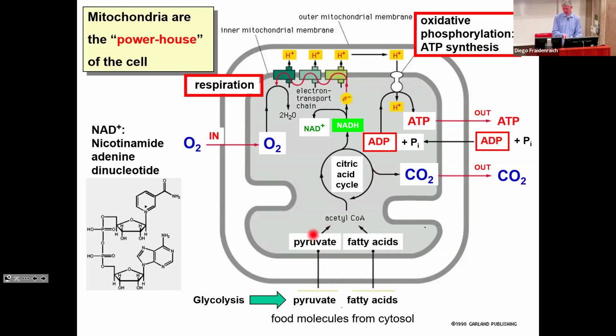So the pyruvate will be incorporated in the citric acid cycle, and the citric acid cycle has numerous steps to degrade the original pyruvate, and it will generate energy equivalents.